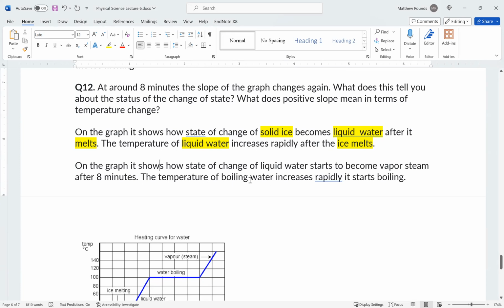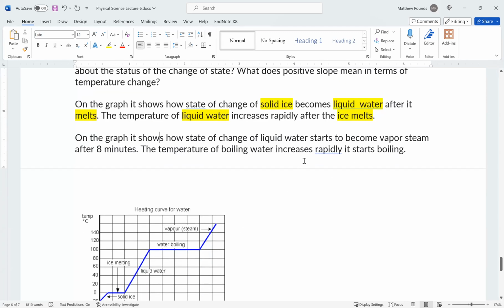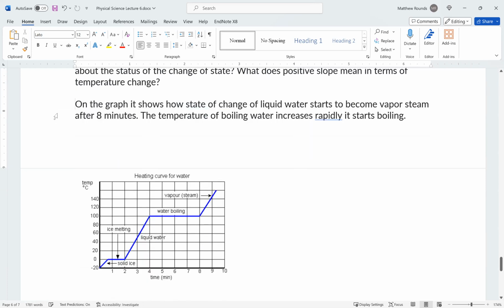Temperature of boiling water increases rapidly. It starts. So yeah, this does work. You only had to change the words. I mean, you added in a little bit extra here, but it looks like it'll be okay. Probably better. It's not exactly the same anyway.